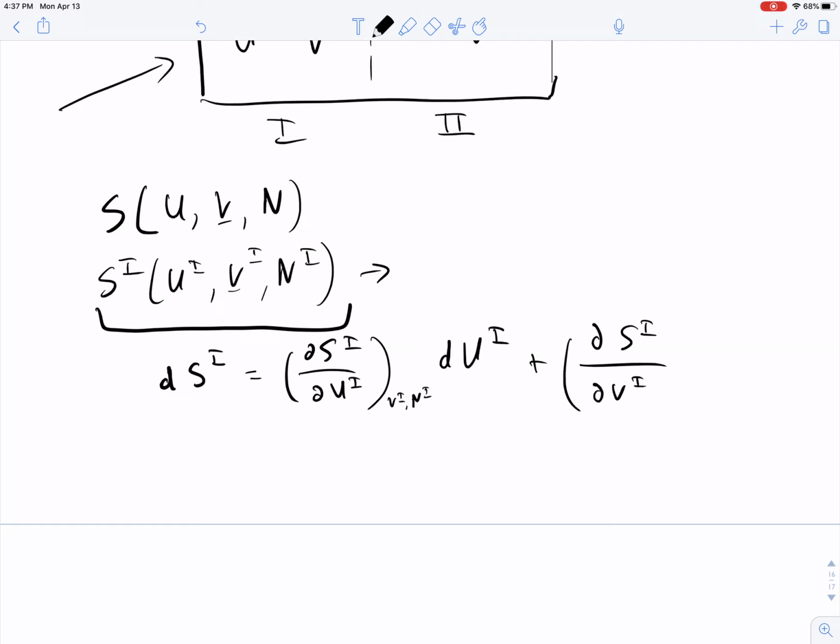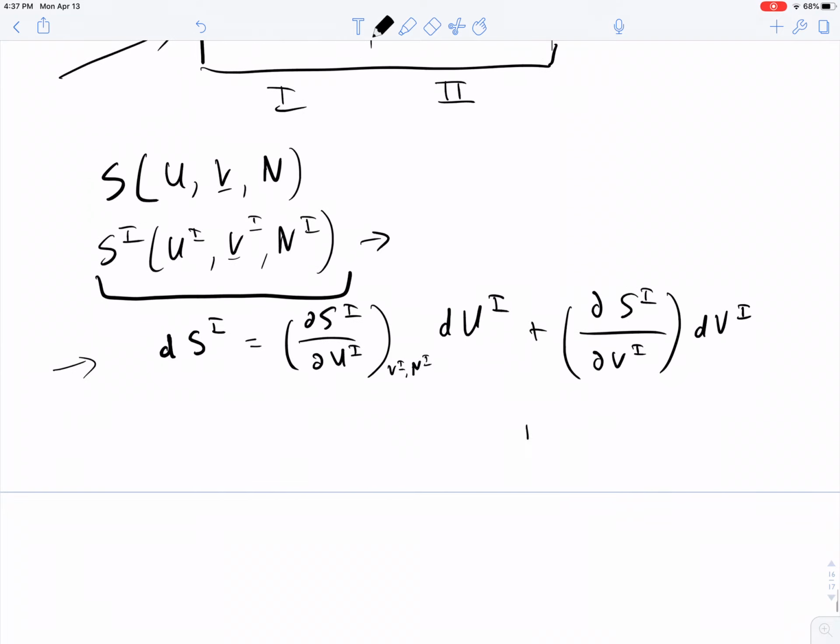This is just taking any type of variable or function and breaking it into its small pieces and understanding how the whole changes as the sum of the small parts. Something by this point in the course everybody has had a lot of practice with.